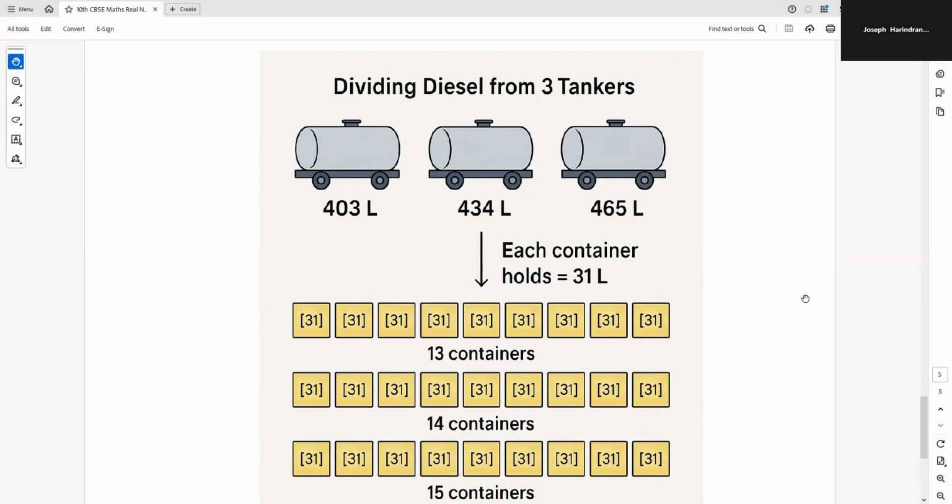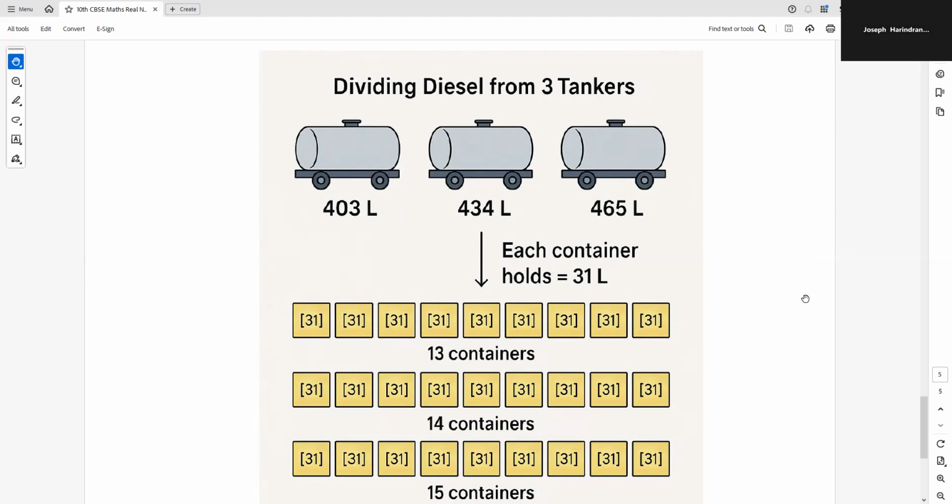By dividing by 31, the first one you'll get 13. Obviously, because it is there in the prime factorization itself, we have 13 into 31. So 13 should come there. 13 containers are required to fill the tanker which has the capacity 403 liters. And similarly, 14 containers are required to fill the 434 liter capacity tanker.